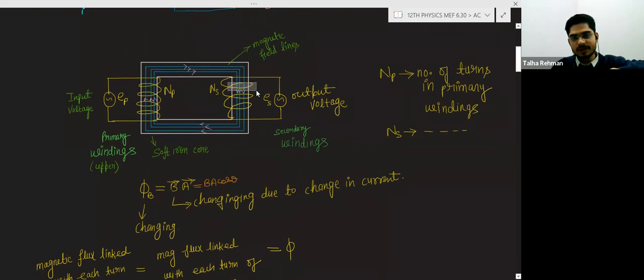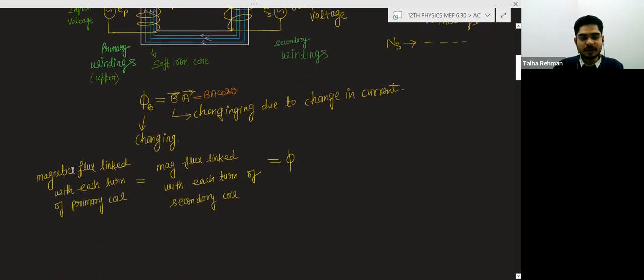Can you tell me whether the number of magnetic field lines crossing this coil and crossing this coil are equal? So you can say that the magnetic flux linked with each turn of the primary winding is equal to the magnetic flux linked with each turn of the secondary winding.